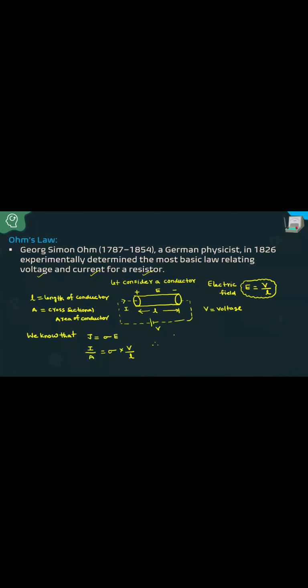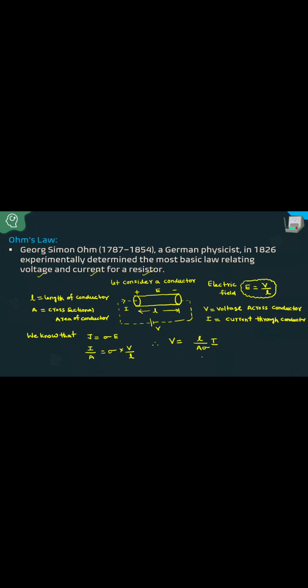From this, you write V, the voltage across the conductor, and I, the current through the conductor. What is V, friends? L by A sigma into I.